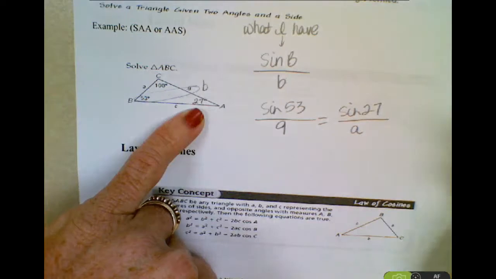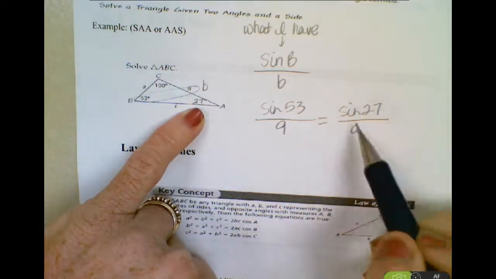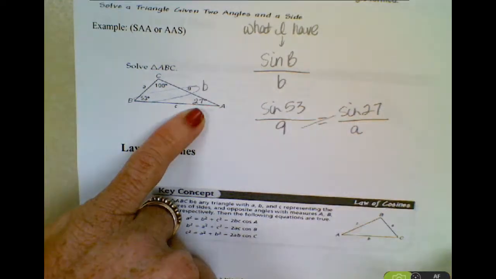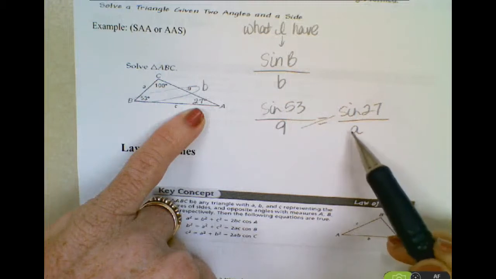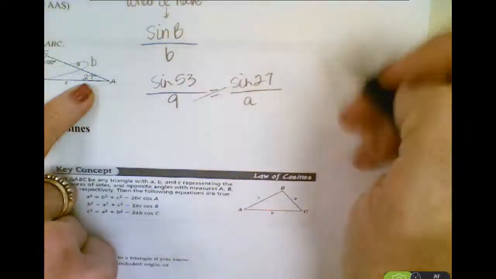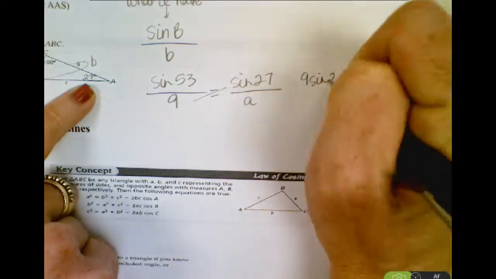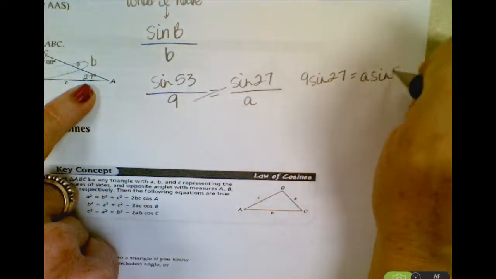That's what we need. So in order to solve that, you're going to use cross multiplication. What you need to remember is the diagonal pair that you have, and you're going to divide out whatever is being paired up with the letter you're looking for. So if I was to write that out long form, I would have 9 times sine of 27 equals A times sine of 53.